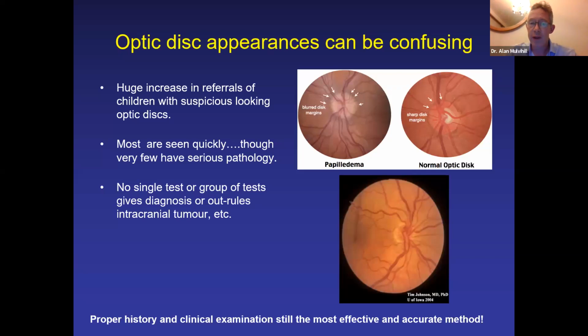There's a lot of reasons why the nerve at the back of the eye can look abnormal. There's a classic textbook appearance that you can see in the top right picture here, but there are many reasons why it can look abnormal. There's no one particular test or group of tests that gives you a conclusive answer as to whether an odd-looking optic nerve is due to raised intracranial pressure or some other more benign cause.